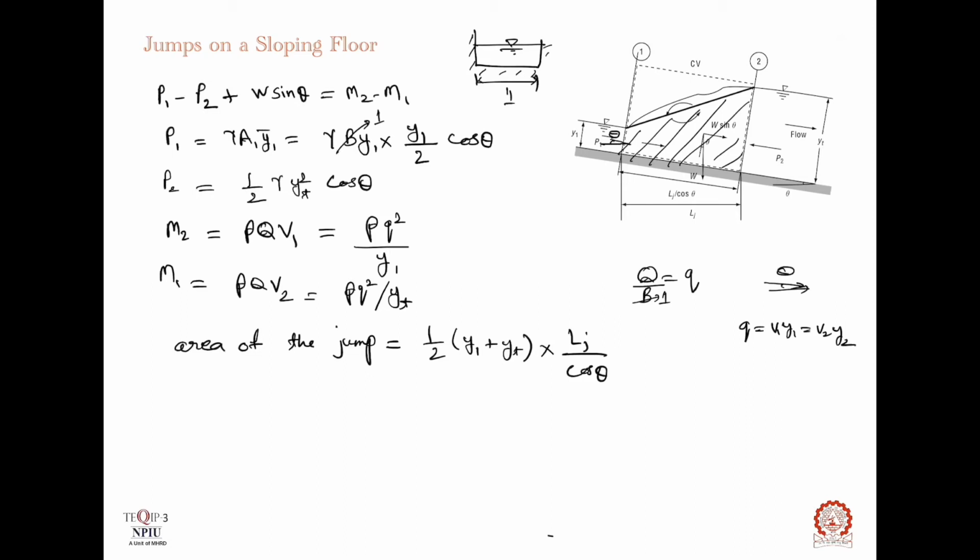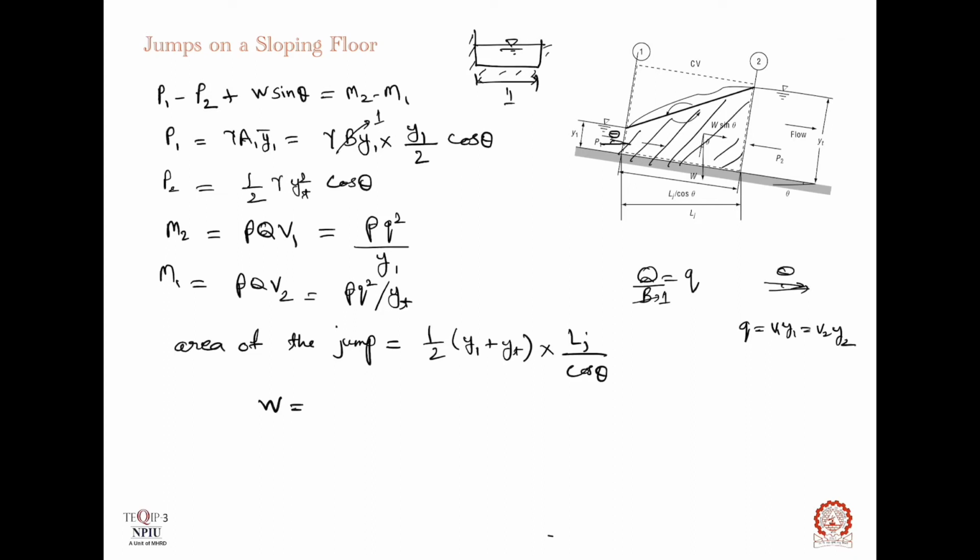Now let's introduce one coefficient to account for the curvature of the jump and the cos theta term. As we know, the profile of the jump is not linear, it has some different shape. So in order to account for this shape of the profile and the cos theta term, we are introducing one coefficient, that is k.